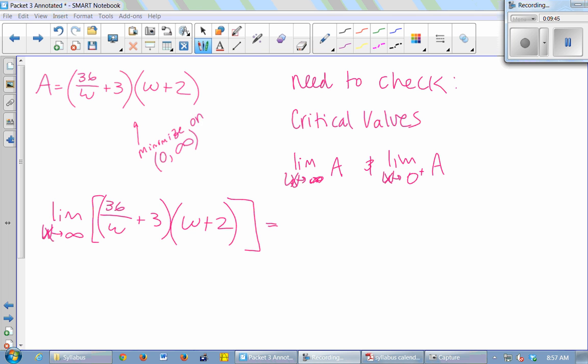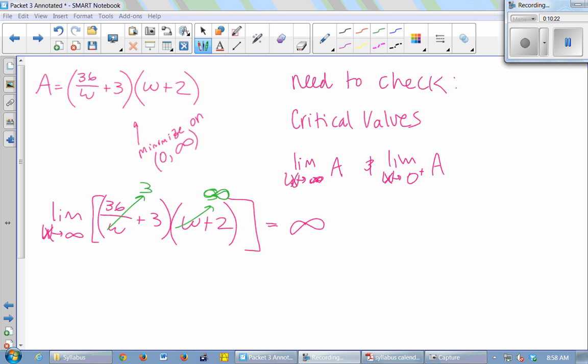So we have something that's approaching 0 plus 3, which means this whole thing is going to go to 3. And W plus 2, what happens to that as W gets really, really big? Approaches infinity. So I have a product of 3 times infinity. What's that going to go to? Infinity. So as I make my width bigger, the size of my page just has to get bigger and bigger and bigger.